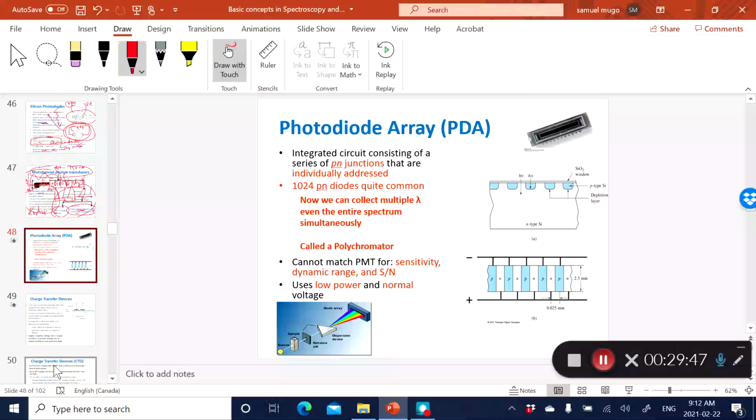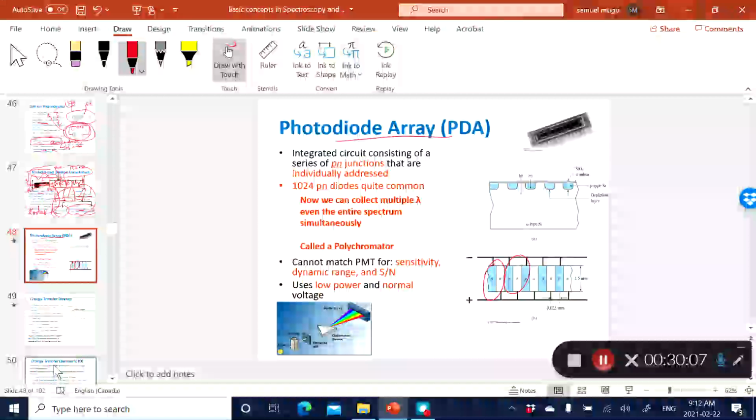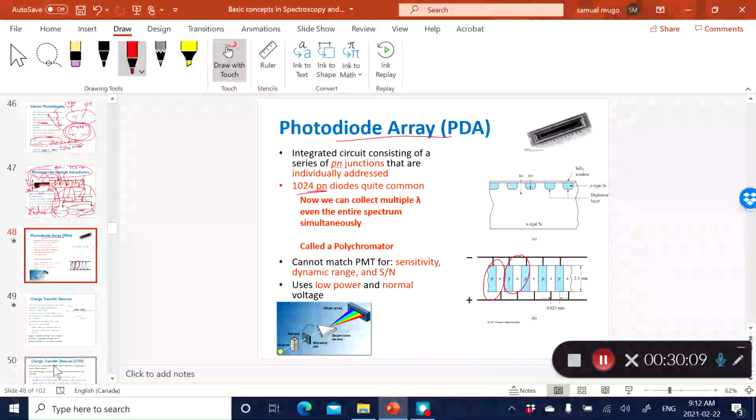As I've said, the photodiode array is just a series of the PN type of diodes that are simply in an array. So just a multiplex of PN diodes. And because you can make them really, really small, especially using this technique of photolithography and so on, you can make up to 1,000 diodes on one plate.